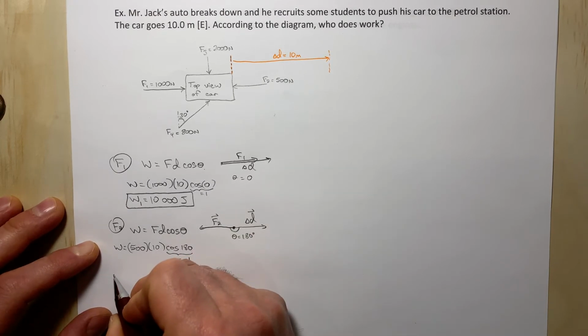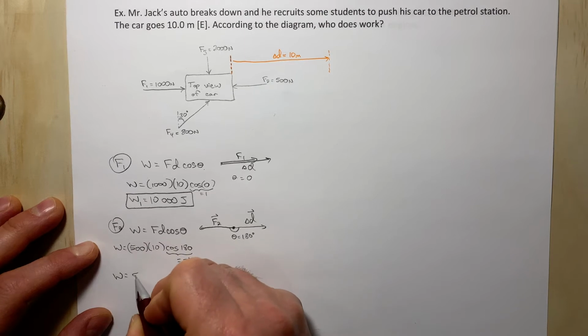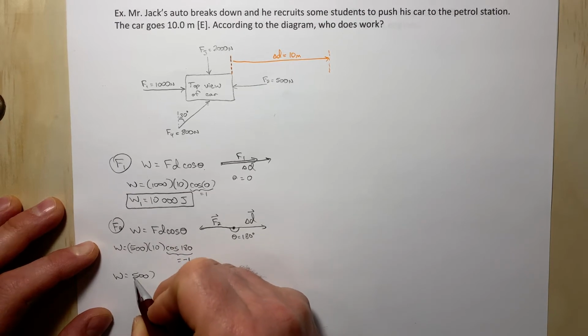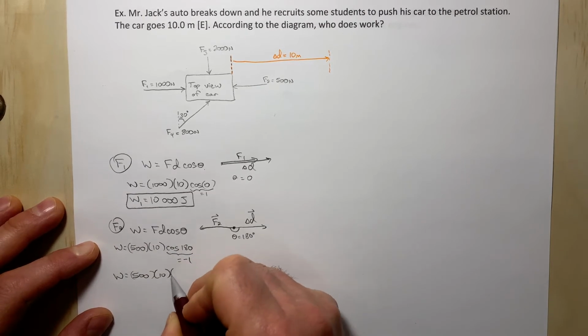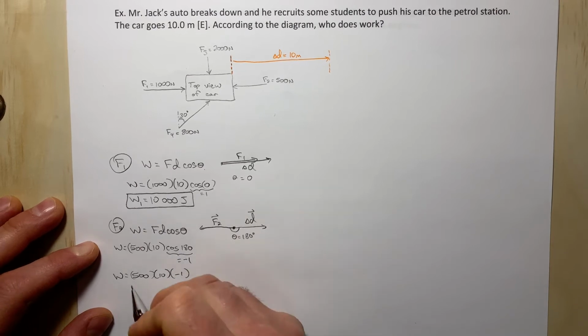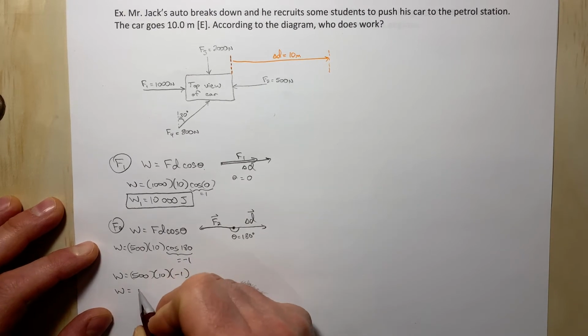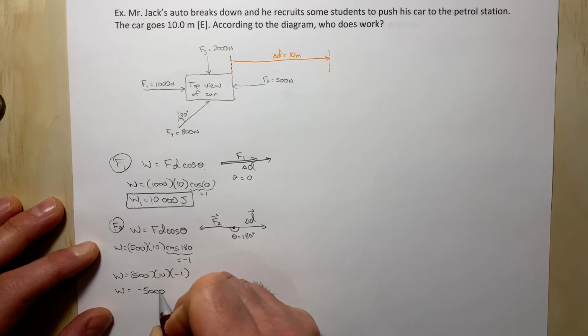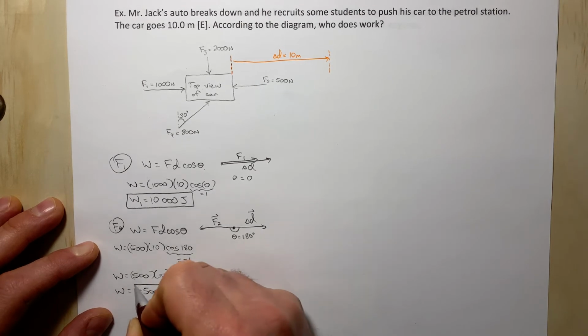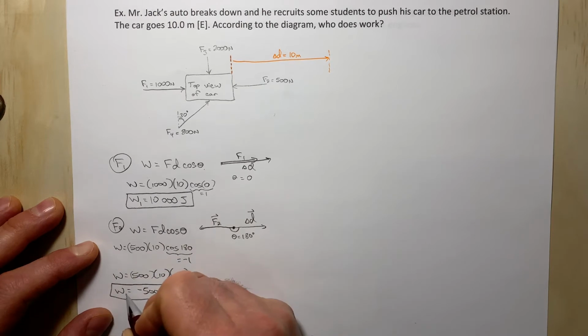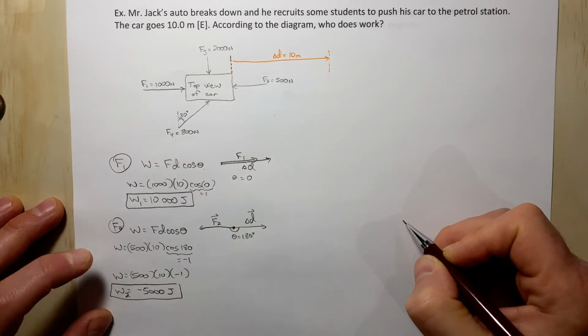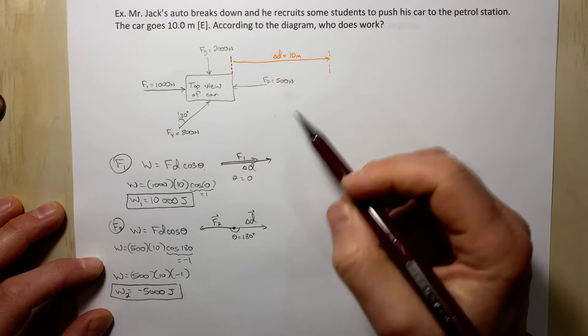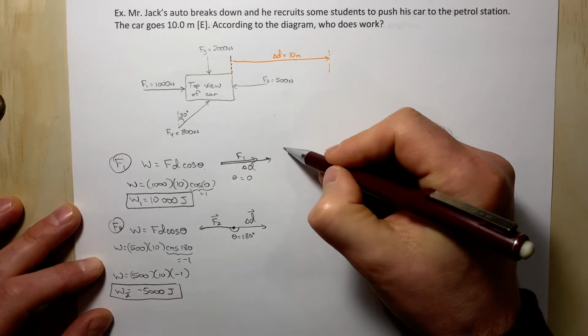So this really is 500 times 10 times -1, from that cosine of 180. Work then is -5,000 joules, and we could call that work 2. The work done by person 2 on this car is -5,000 joules.